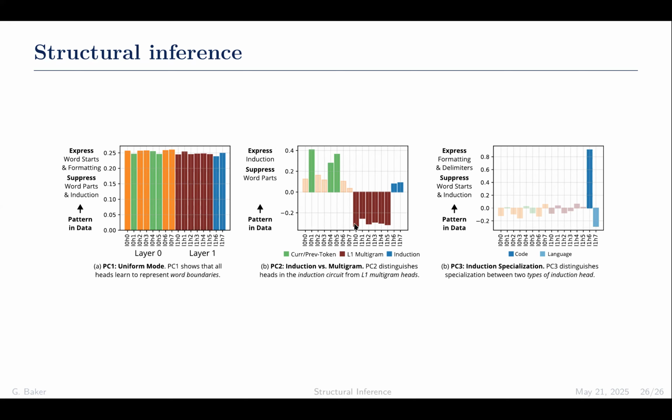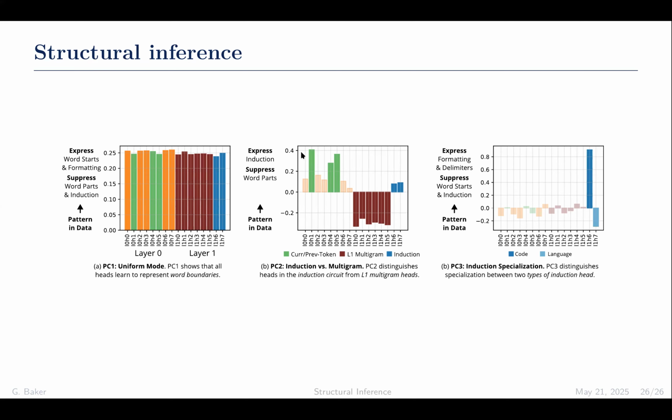So we see all the previously categorized multigram heads. They're negative, suppress, just invert it. They're expressing word parts, and they're suppressing induction. And then vice versa for the induction circuit. We have our induction heads, and we have our current and previous token heads, and both of those are expressing induction and suppressing word parts.